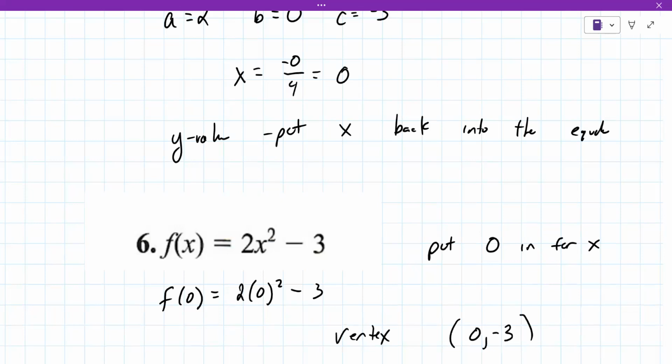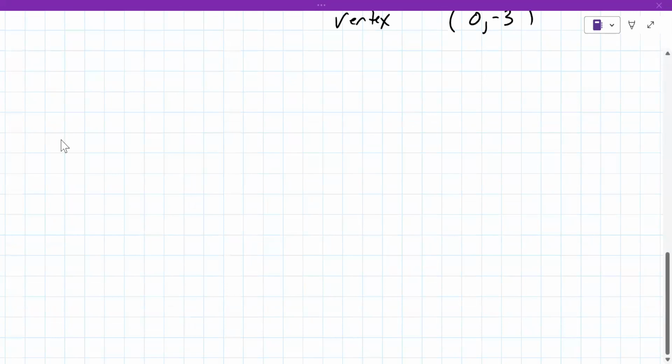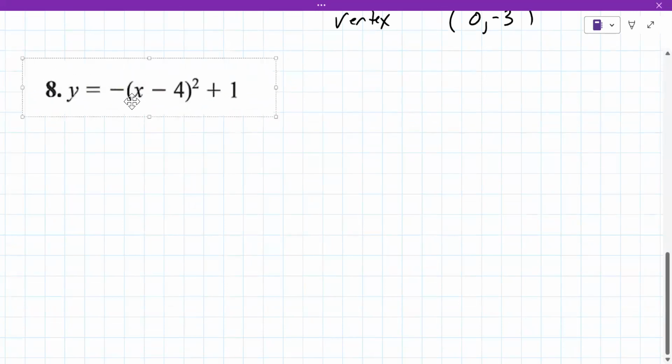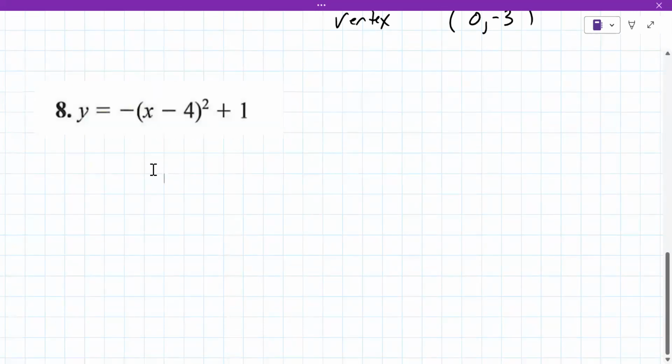All right. Any questions on that before we move on to a similar problem? No. Okay, let's take a look at number 8. So number 8 is the other type of quadratic that you will see. Can you tell me whether this opens up or opens down?